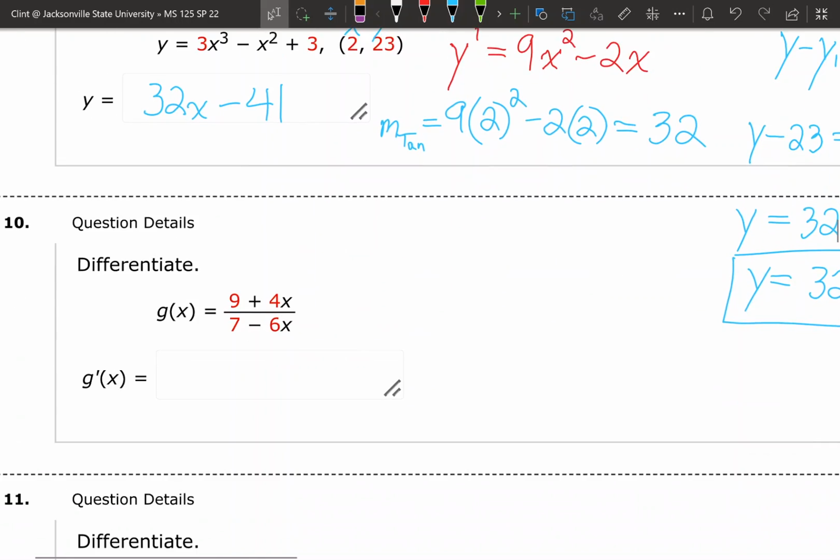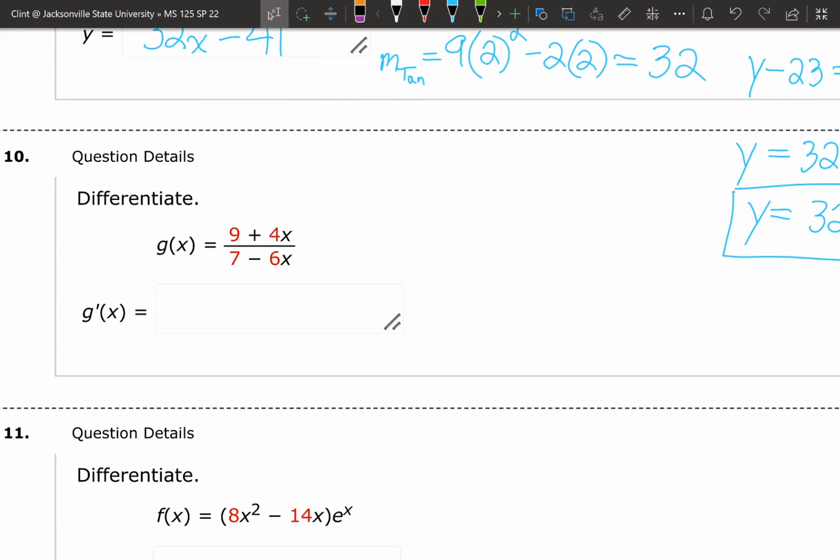Okay. For 10, it says differentiate. What do we need to use on this one? Quotient rule. We got a quotient, so quotient rule. And the way I remember it, f prime g minus f g prime over g squared.